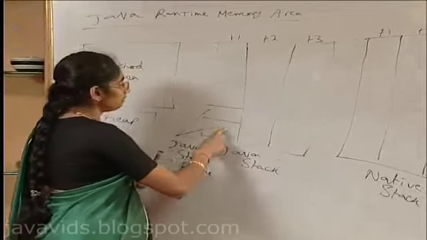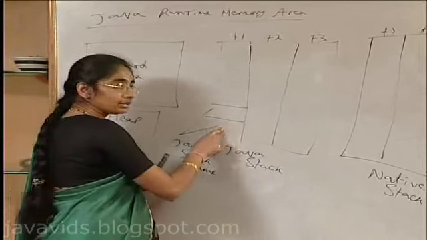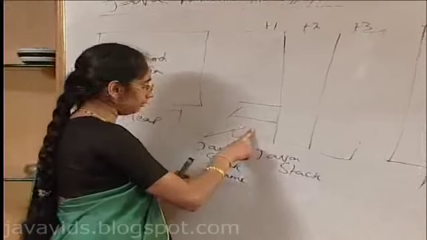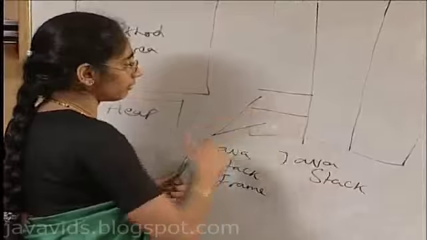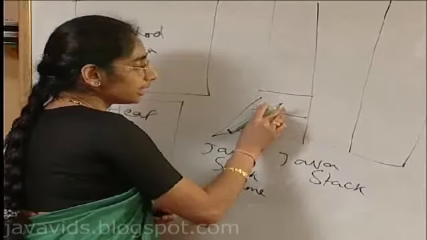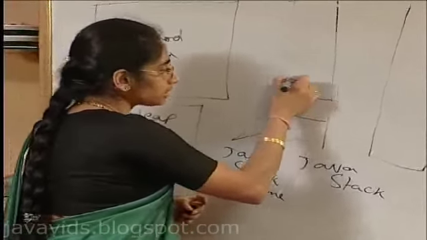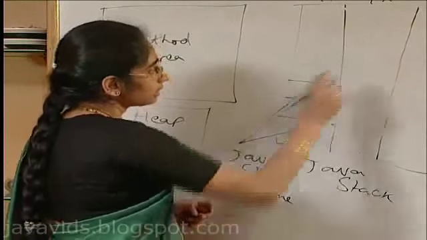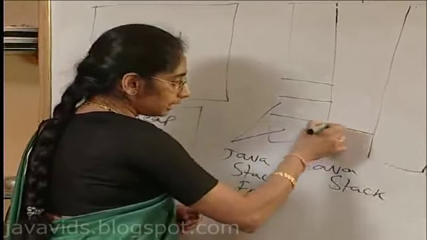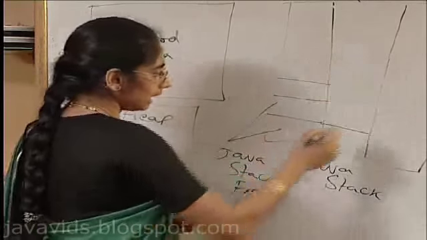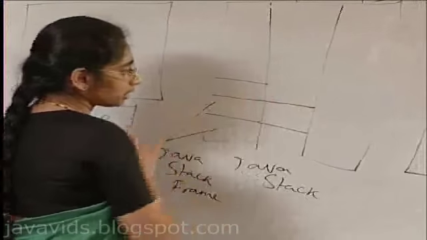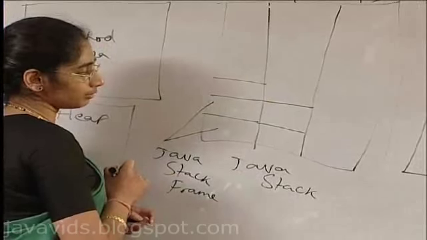So let's say thread 1 calls a method for which we get a stack frame, and from that method you call another method, so for that method again you get a stack frame. And this method again calls another Java method, so you get a stack frame again. Let's say thread 2 starts with a method that has a stack frame in its own stack, and that method calls another Java method, so you get a stack frame there.